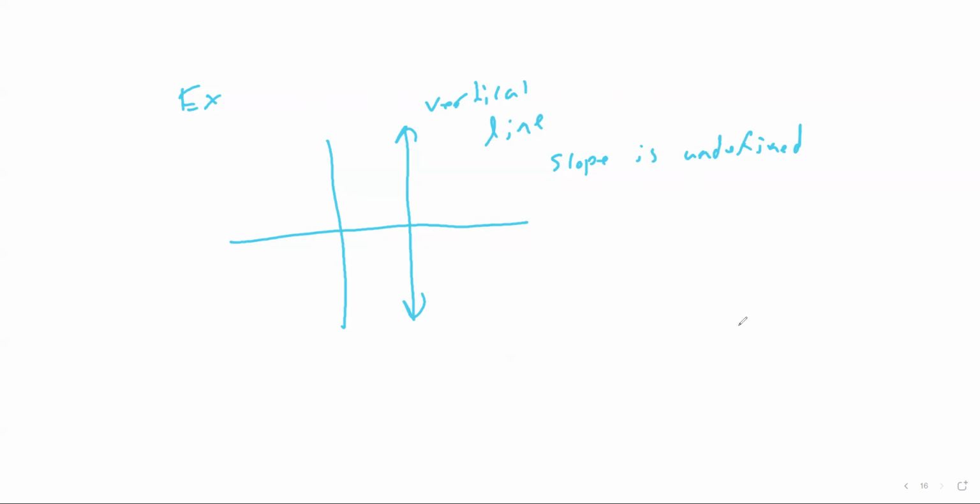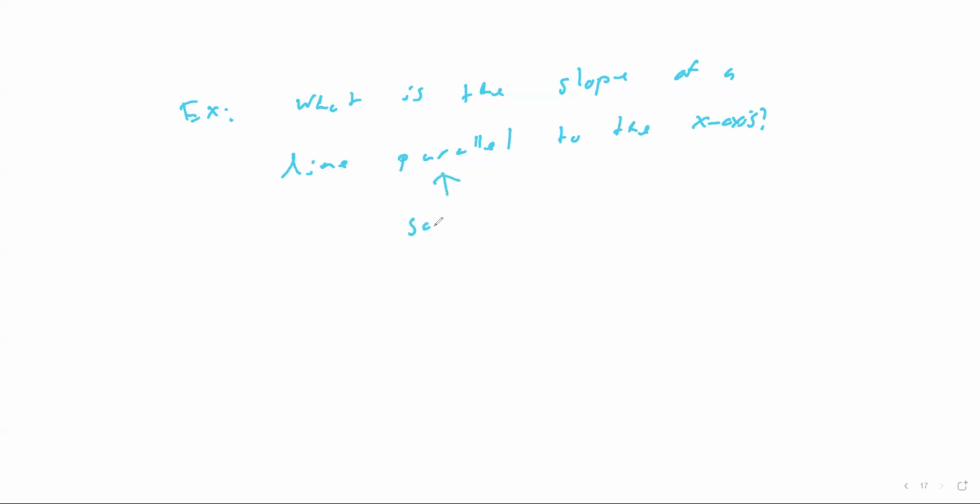All right, let's look at this type. What is the slope of a line parallel to the x-axis? One thing you need to know is parallel means same slope. So if I'm parallel to the x-axis, so here's a graph.